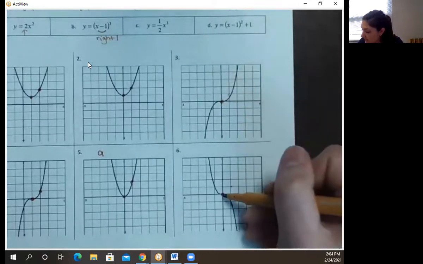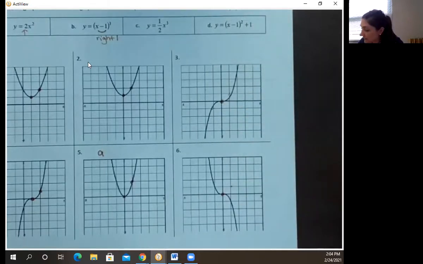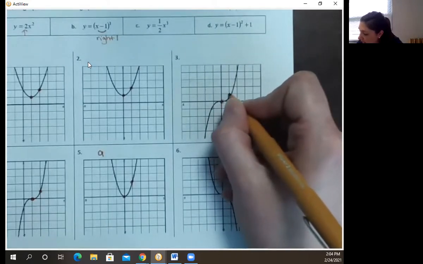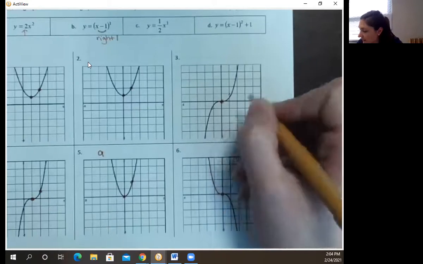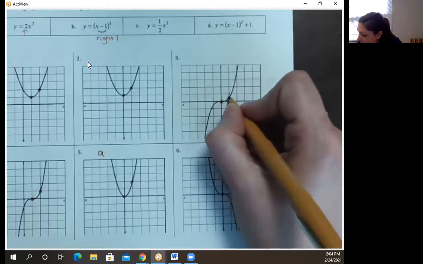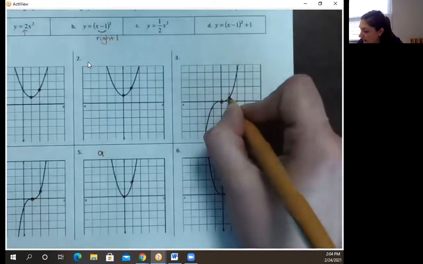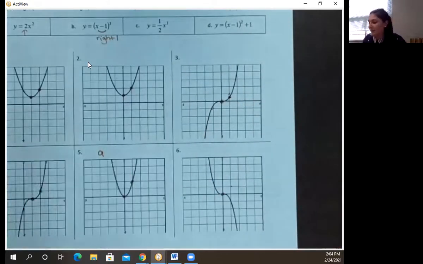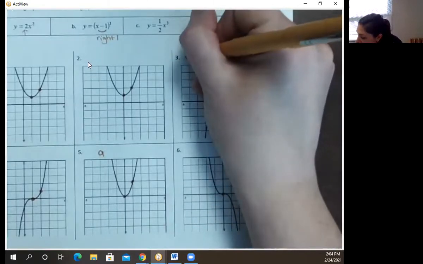We're still at the origin for that center point for both of these. But if I look at 3, I'm not going up 1 and over 1 to get to that next point. Instead, I only make it halfway up. I don't make it all the way to 1, I only make it halfway. I've flattened this graph down. So this would be the graph of C.